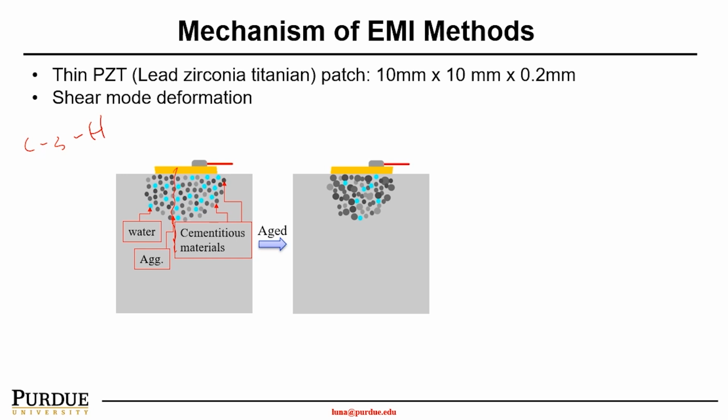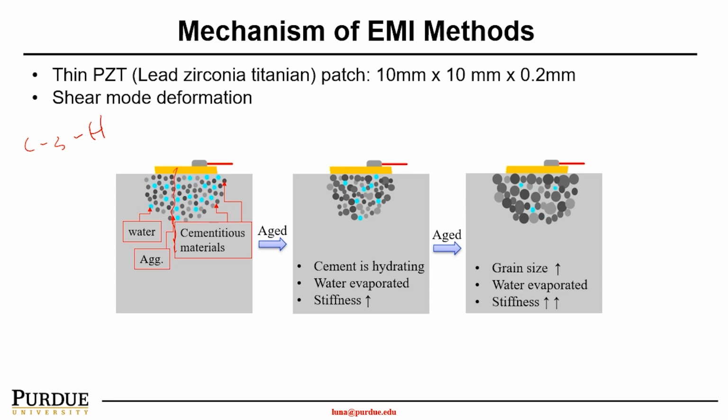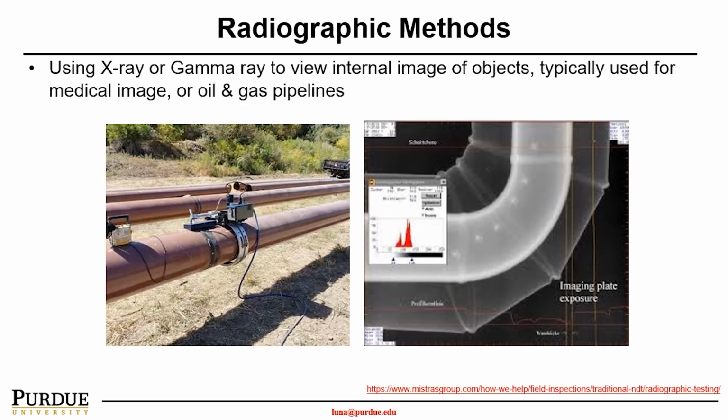Calcium silicate hydrate, which is the strength contributor for the concrete. And once cement is going through the hydration process, the stiffness is increased. So therefore, the impedance of the material will be increased. So by looking at this specific impedance property, we understand the stiffness development of the concrete.